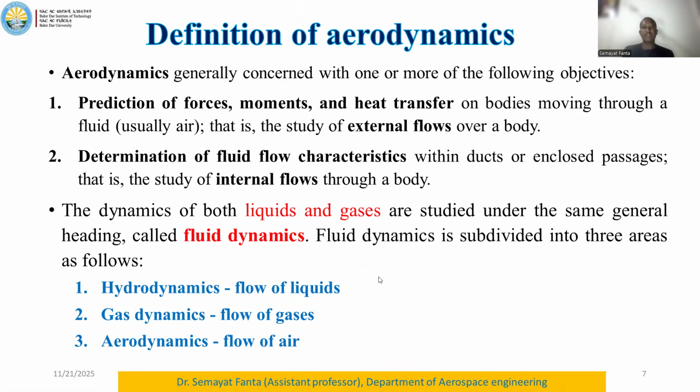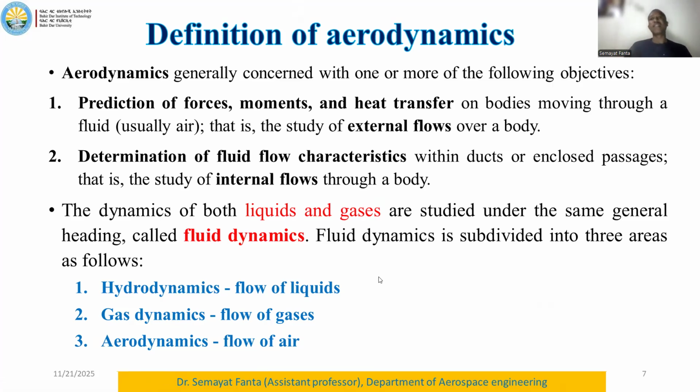Aerodynamics is generally concerned with one or more of the following. One is external flow aerodynamics, and another is internal flow aerodynamics. In the case of external flow over a body, the prediction of forces, moments, and heat transfer on objects moving through a fluid, where the fluid we consider here is air.